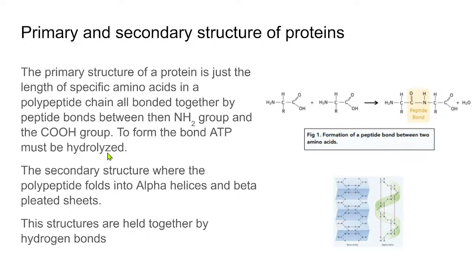So, in the secondary structure, this is when our long chain starts to fold up. It folds up into 2 particular structures, your alpha helices and your beta pleated sheets. These structures are just held by simple hydrogen bonds.